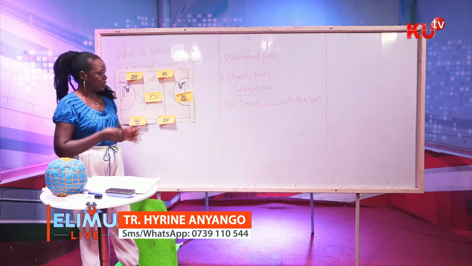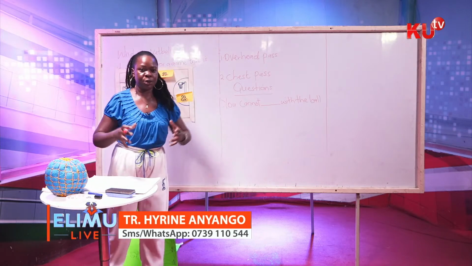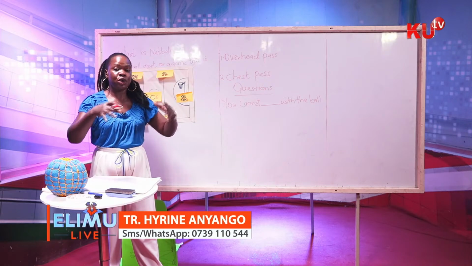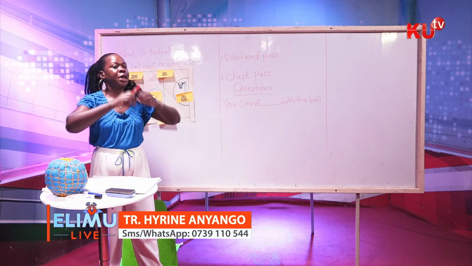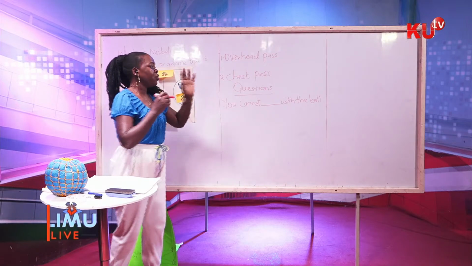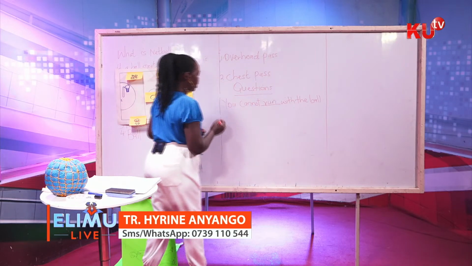When you are learning, I said, when you get the ball, what are you supposed to do? First of all, make sure you check around and see who is ready to get that ball and then pass it. So here, you cannot run with the ball.